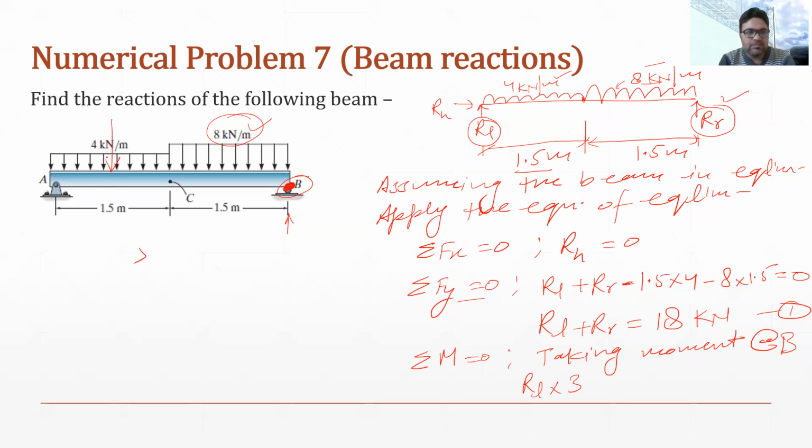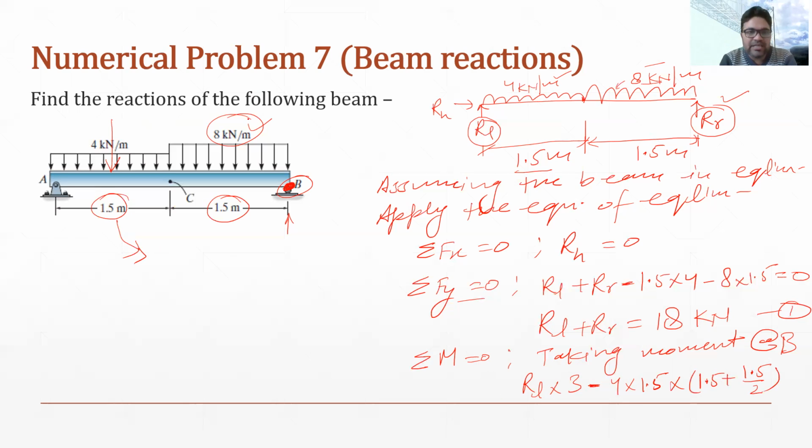The moment will be negative, because the rotation is anti-clockwise. So minus 4 into 1.5, that is the total magnitude of the UDL force, multiplied by the perpendicular distance. The perpendicular distance from B will be 1.5 plus half of 1.5, so I will write 1.5 plus 1.5 divided by 2.